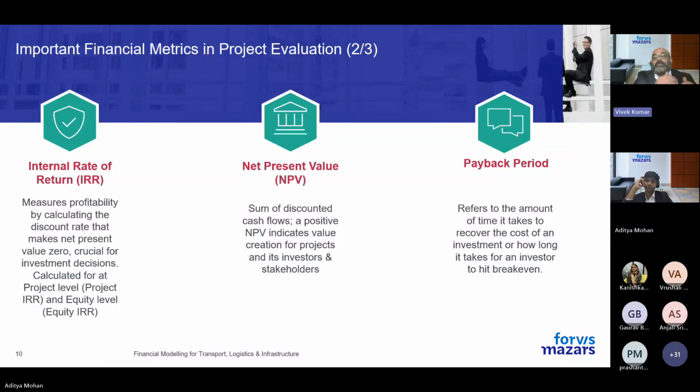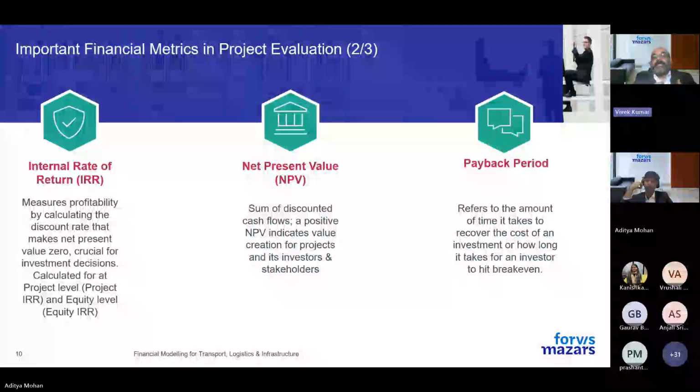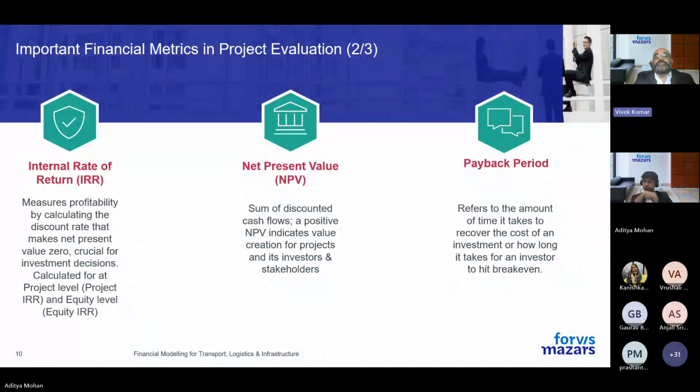So if you factor in risk, for instance, certain years where actual performance is below projections, in this 12% scenario your project might turn unviable or unprofitable for certain years. So it could mean what?